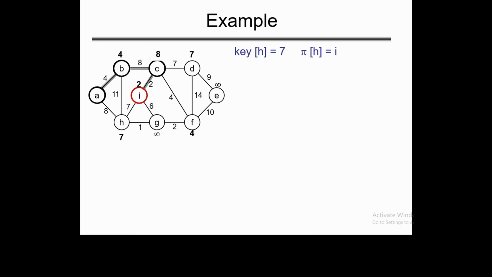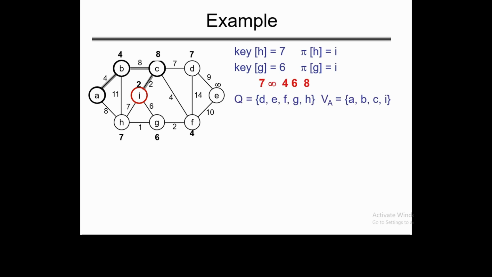The key of H will be 7 and the parent of H will be I, and the key of G will be 6 and the parent of G will be I. Okay, and I will be added as a node in this vertex set of the MST. So this is the situation of the Q and this is the situation of the vertex set of the MST.